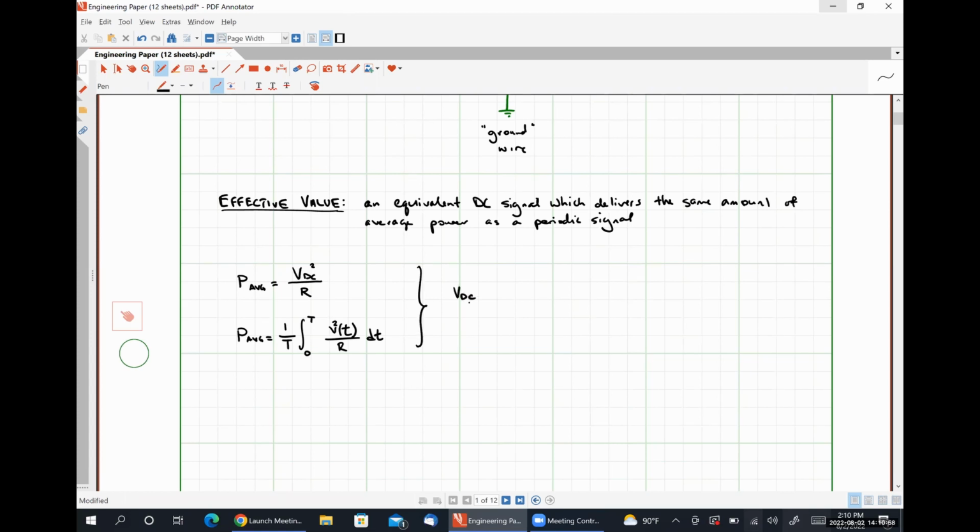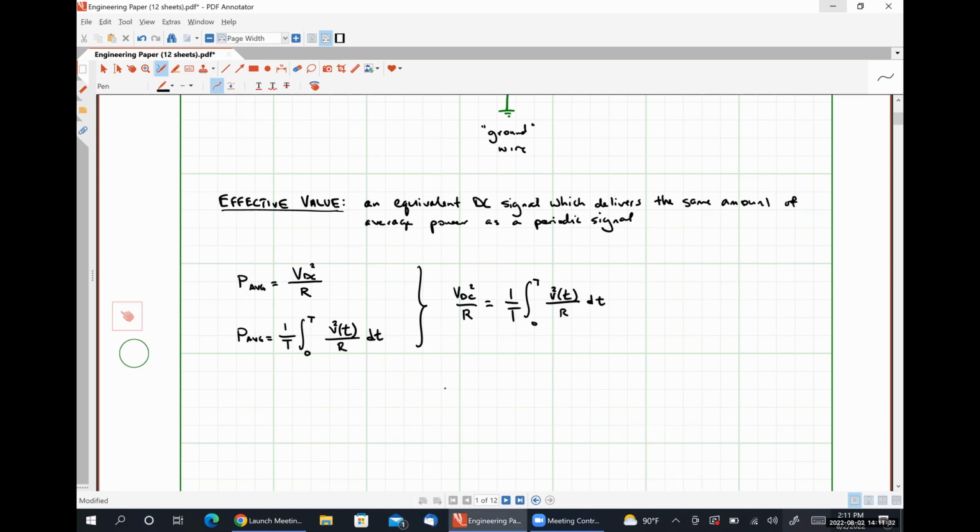So we can see that VDC squared over R will be equal to 1 over T times the integral over 1 period of V of T, our periodic voltage waveform, squared divided by R, and then multiplied by dt. Now, there is a factor of 1 over R on both sides of our equation, so they cancel each other out.